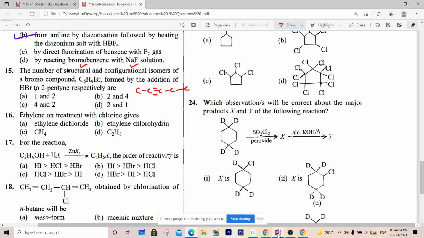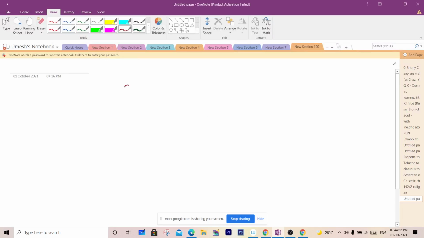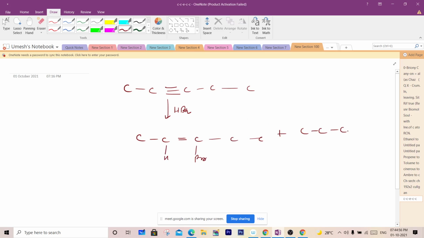Pent-2-yne, 1, 2, 3, 4, 5. Just add HBr here. 1, 2, 3, 4. It can be this way, or it can be this way. Got it? Two structural isomers are possible.